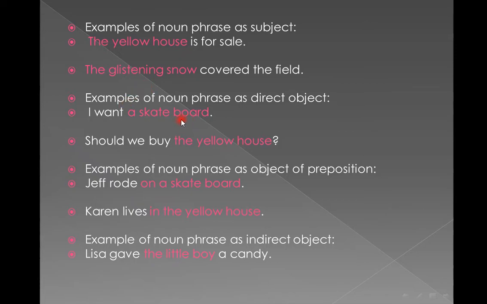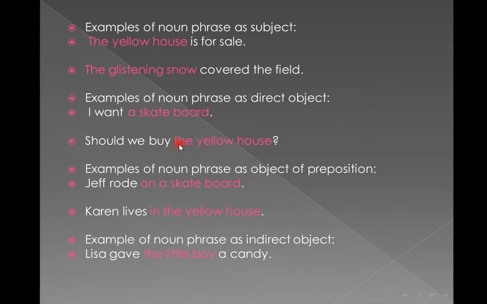As for a noun phrase that works as a direct object, we have: I want a skateboard. Board here is the direct object, and skate with it gives us a noun phrase. So we don't have board itself alone, but we have a noun phrase that all works as a direct object.